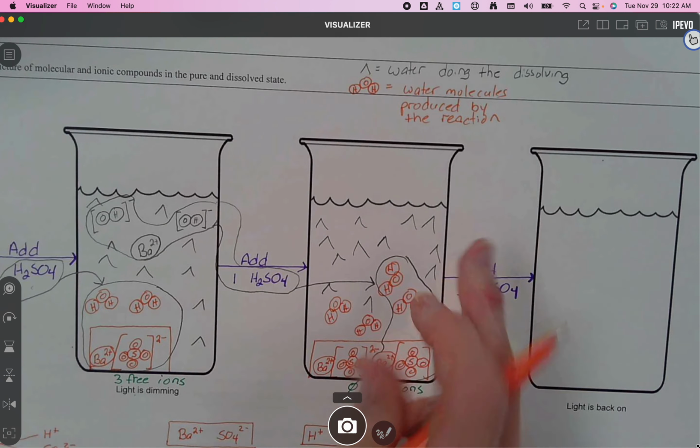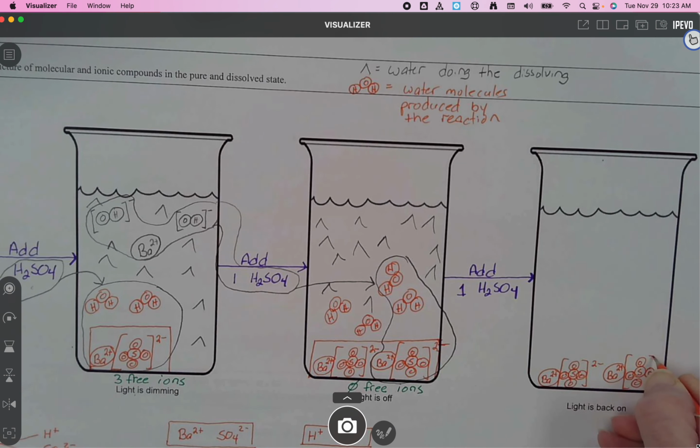So I need to redraw all this stuff in orange. And the 4 water molecules.